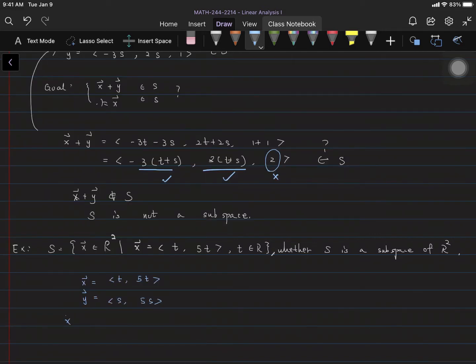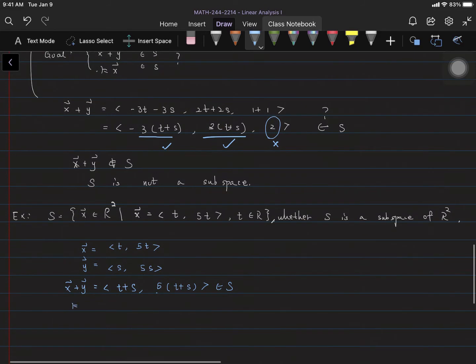And we do the addition: t plus s, and the other one 5t plus 5s, but I can simplify and factor the 5 out. I noticed it satisfies the same form, t, 5t, right? The second component is 5 times the first component, so it satisfies the form.